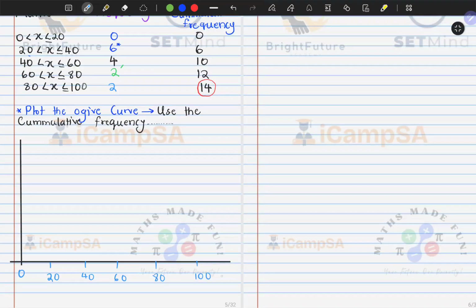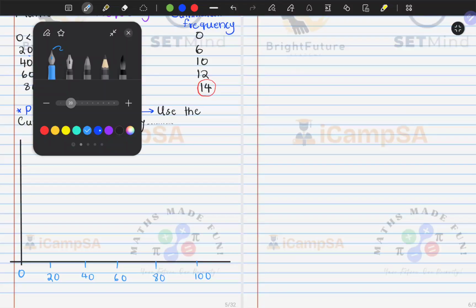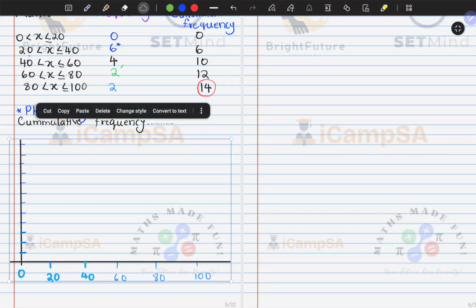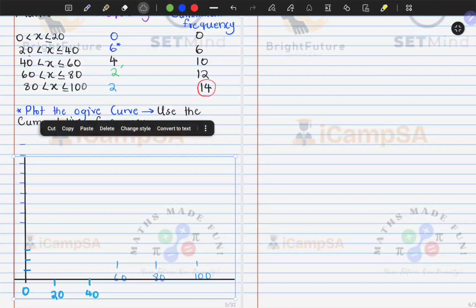Then on the vertical axis, I'm going to put up a scale. If you observe carefully, we need to go up to 14. So we have a 1, 2, 3, 4, 5, 6, 7, 8, 9, 10, 11, 12. So I'm going to need to push this down. Sorry.